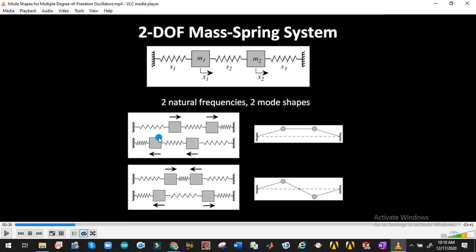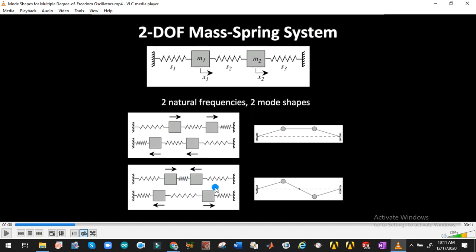Now it may be possible that if this mass is displaced 5 meter, then this mass will displace 2 meter. Then I will draw the first point 5 meter here and 2 meter about here. I will connect this node with this antinode and this node with this antinode, and then draw this line here. So this will be a possible type of mode.